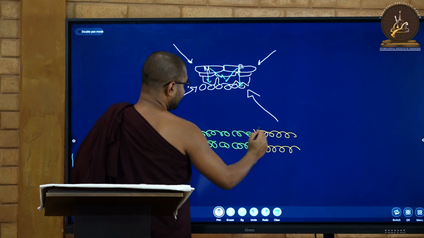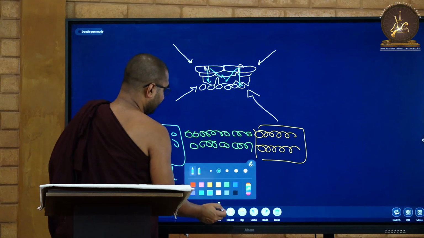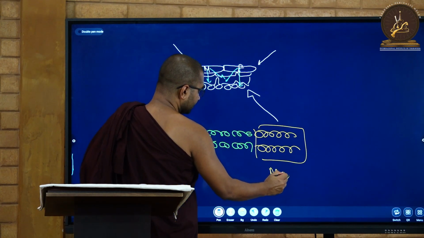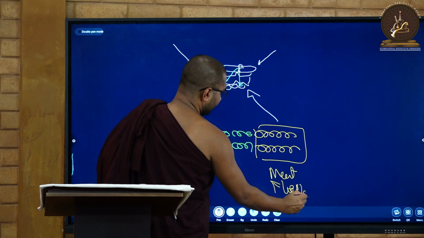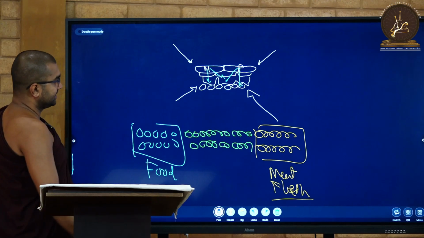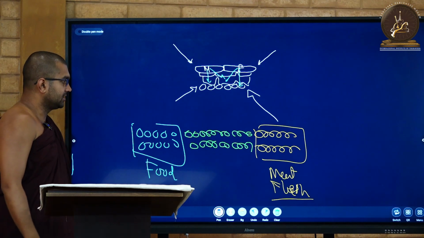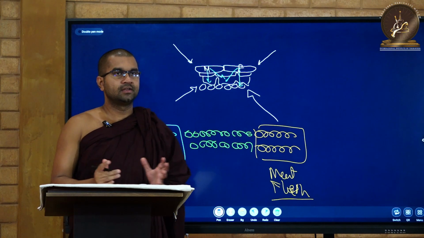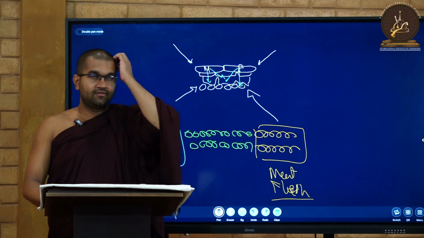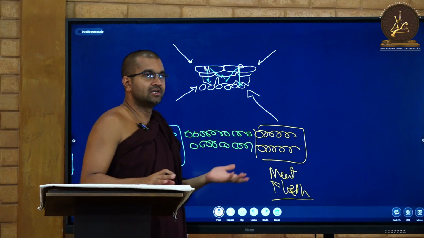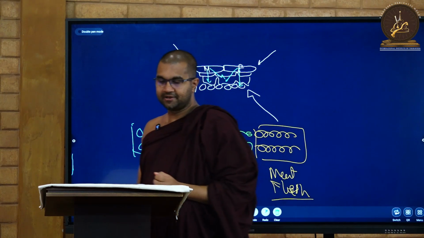At this stage it was called food, and at this level we call it meat, flesh. The same lineage is undergoing transformation. New rupas are arising over the course, but overall, the collection of those rupas manifests different features. What we are saying is rice becomes flesh in our body, rice becomes hair of our body. So that's what is happening in the end.